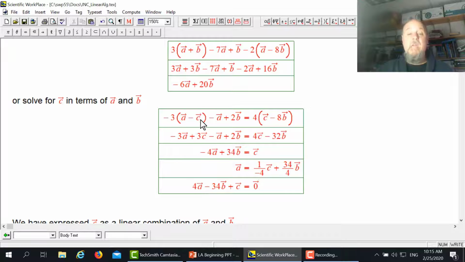So if I can write one as a linear combination of the other two, I can always write it in this form. That shows me that the vectors A, B, and C are dependent. I can write one as a linear combination of the other.